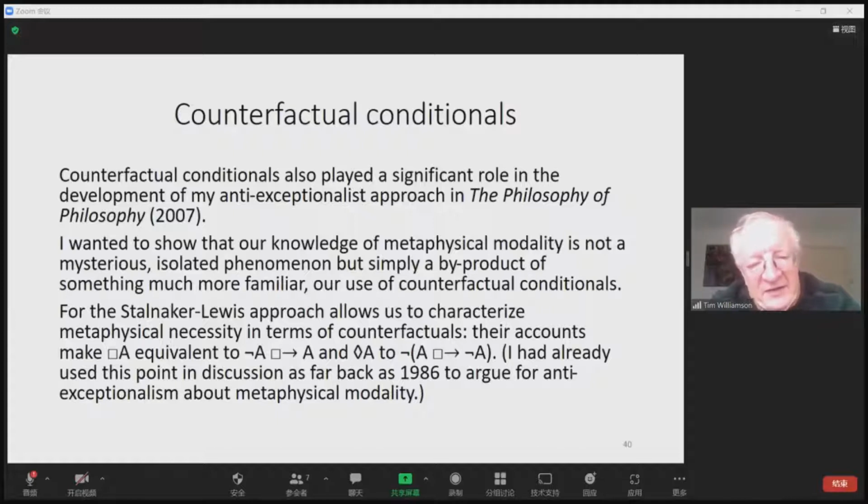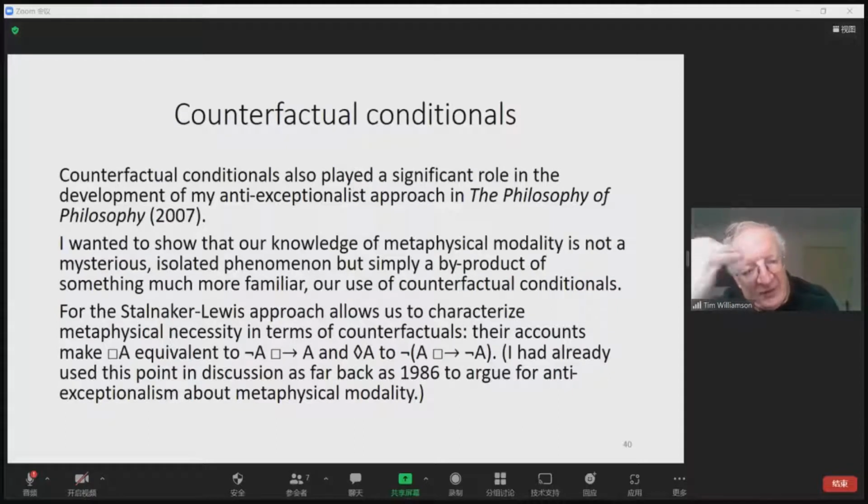And actually, I already used this point, that you can capture metaphysical modality in terms of a counterfactual conditional, in discussion as far back as 1986, at a conference, to argue for anti-exceptionalism about metaphysical modality: that we should not regard it as some weird thing which philosophers have invented and which is terribly mysterious, because it's definable in terms of something very familiar, which is counterfactual conditionals.